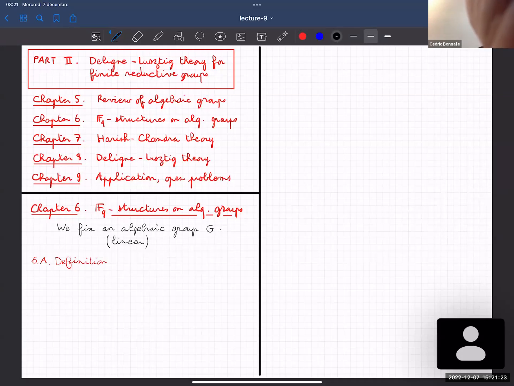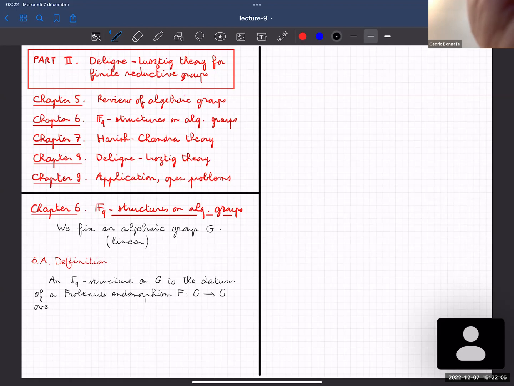An F_q-structure on my fixed algebraic group G, that I will assume to be linear, which means that the variety is affine, is the datum of a Frobenius endomorphism F from G to G over F_q.